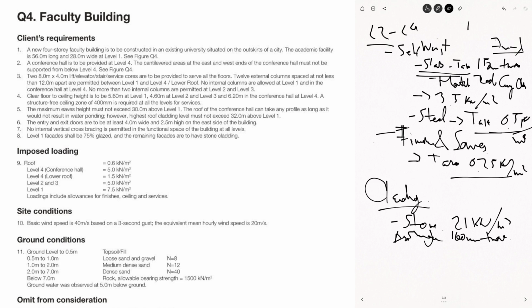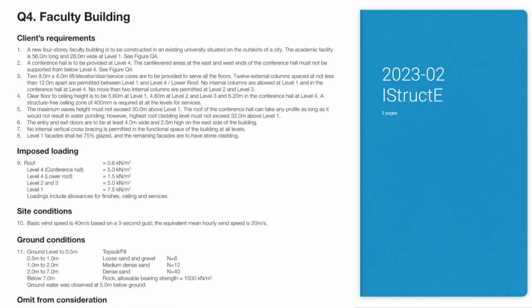So over the facade area, it'll be cladding with weight 21 times 0.1 is 2.1 kilonewtons per square meter.